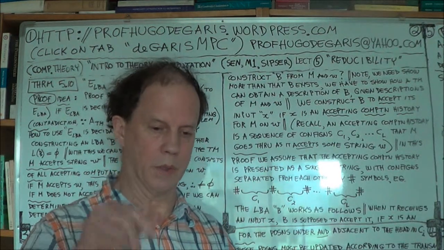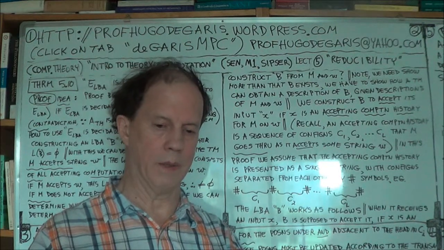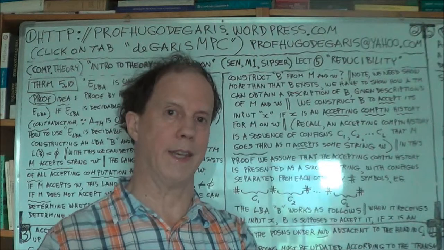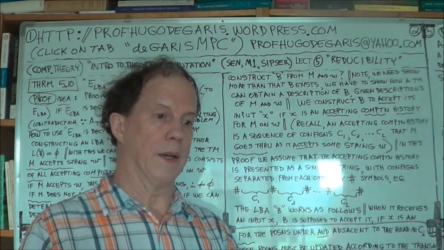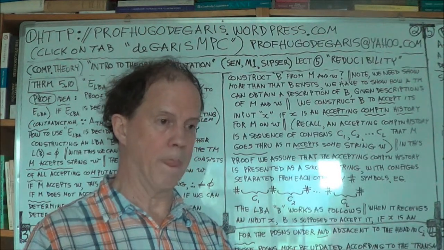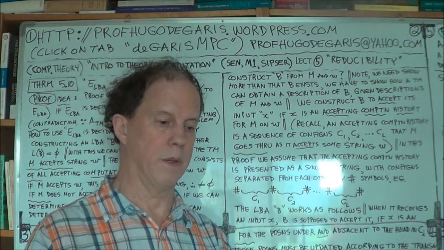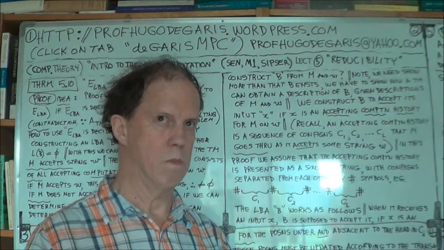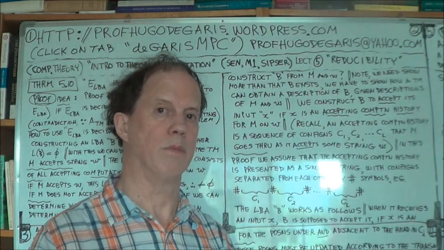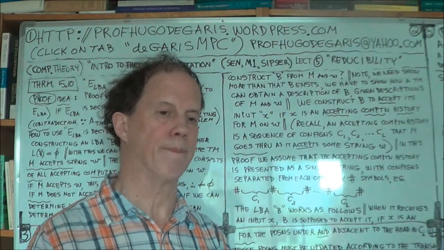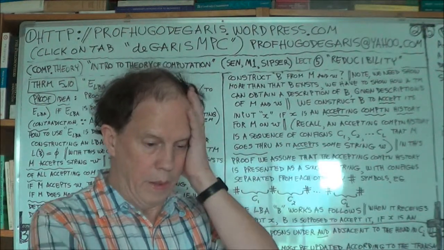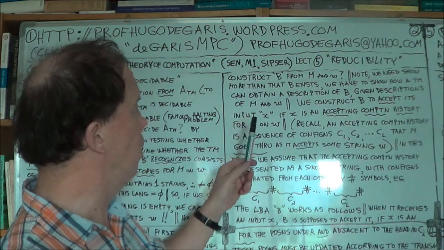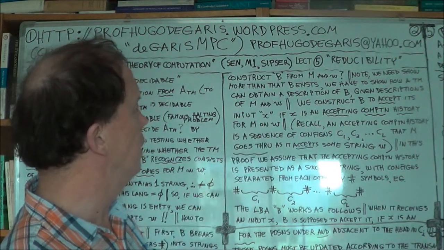And those strings have to satisfy a condition to be a member of the set: the condition is that the Turing machine M accepts W, that string. Okay. Right. So ATM will have encoded information about M and W.